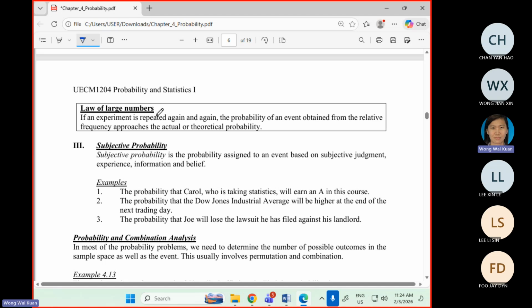The law of large numbers says, if an experiment is repeated again and again, the probability of an event obtained from the relative frequency approaches the actual or theoretical probability. The key is this one: you need to repeat again and again. You cannot take one sample and decide on the probability. Like you know the coin is not balanced.